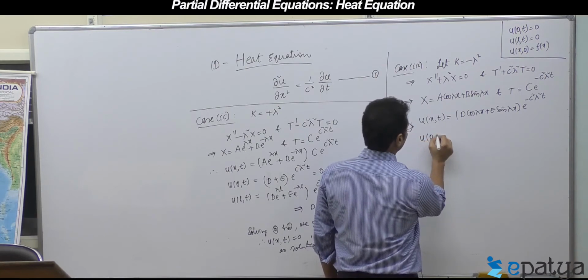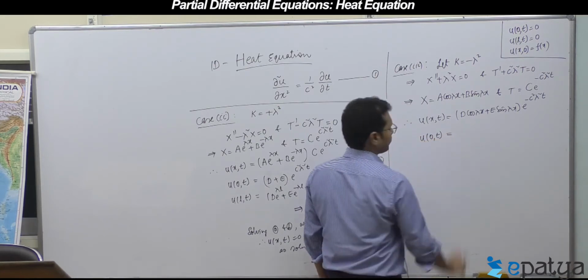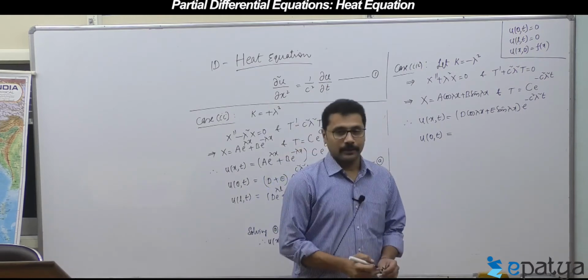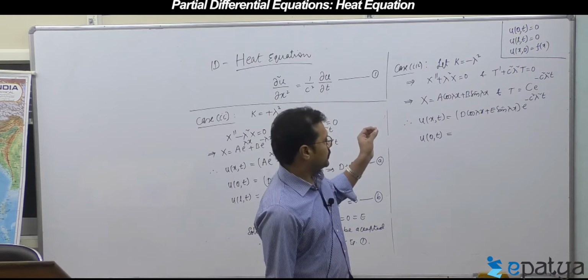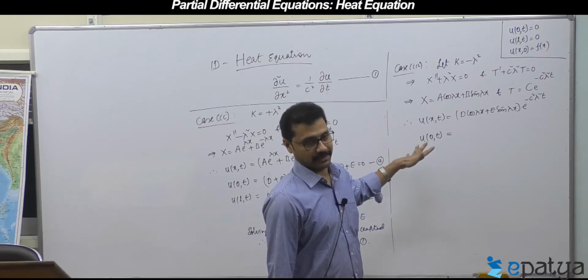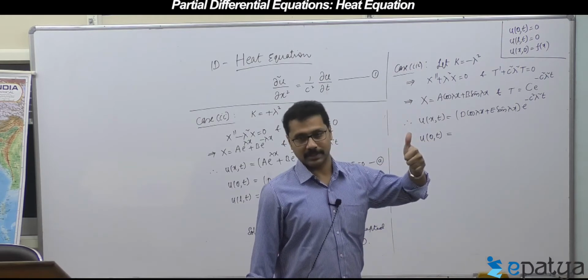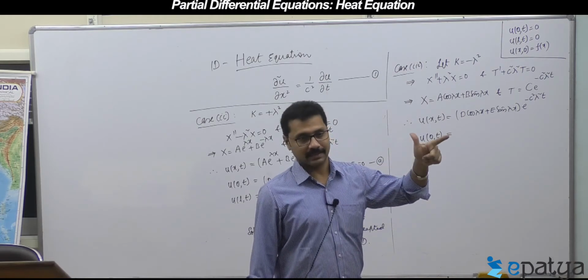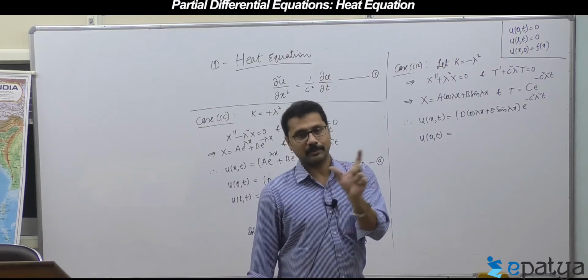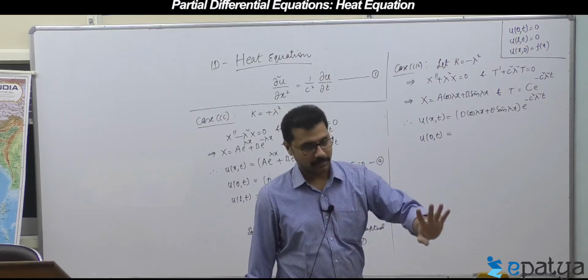u of 0 comma t equal to, actually, from here, this expression in fact represents transient state. Case 1 represents steady state, case 3 represents transient state. Unless you add both of them, it will not be u of x comma t.